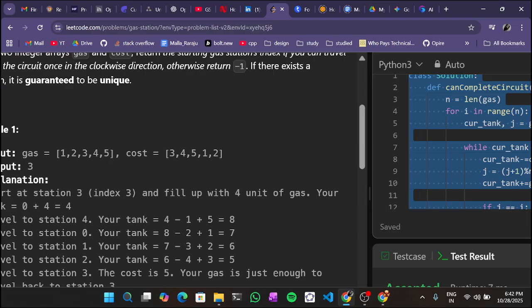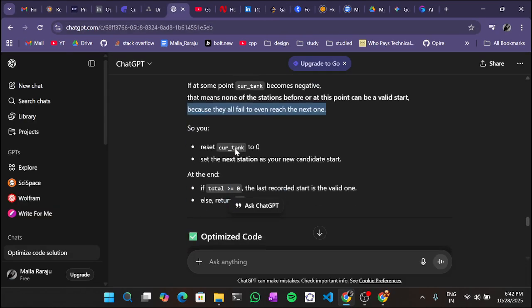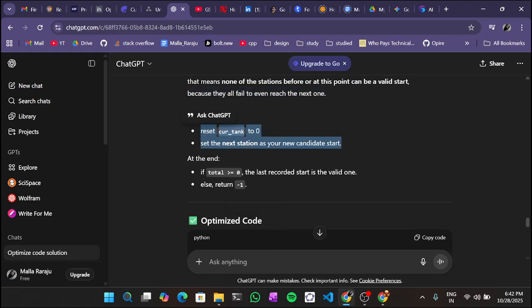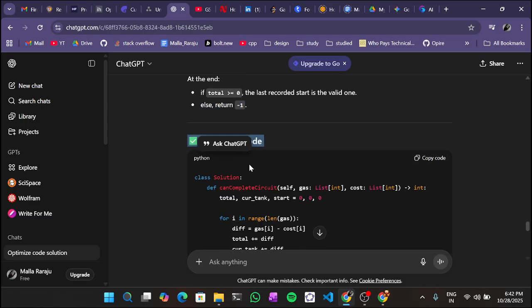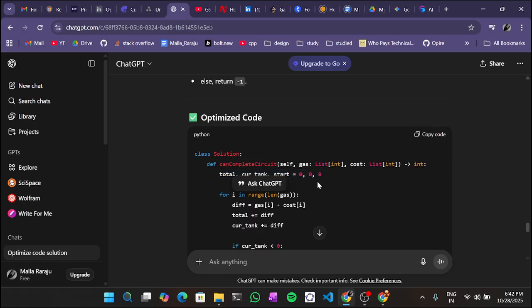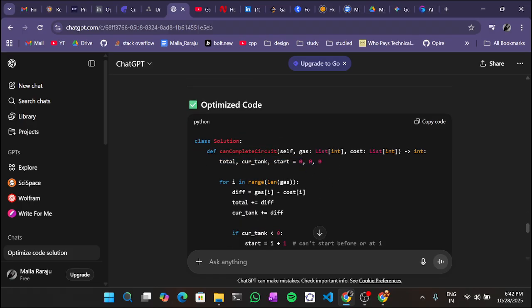Set the next station as your next candidate start. If total is greater than or equal to 0, the last recorded start is the valid one. So we keep total, current and start. Total plus difference.